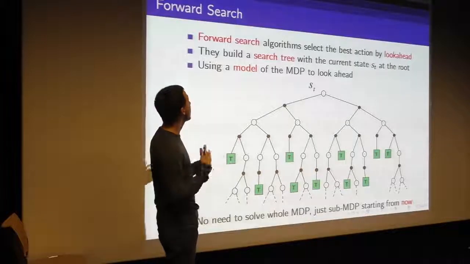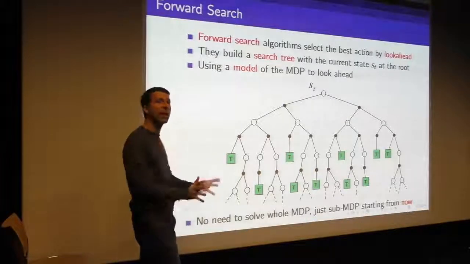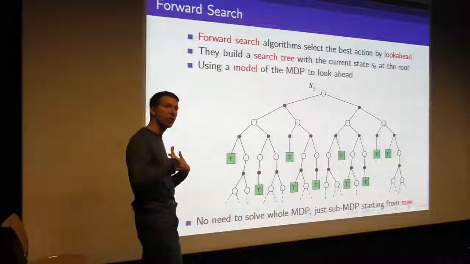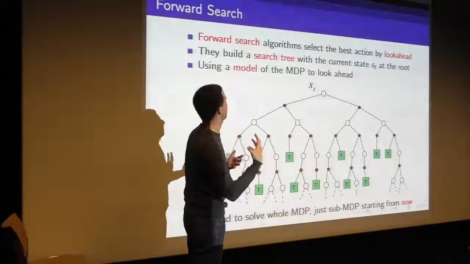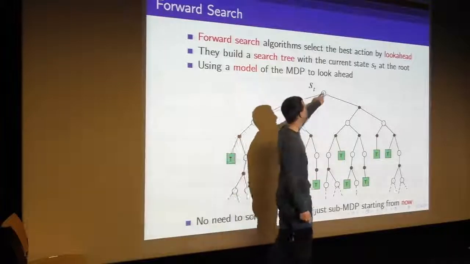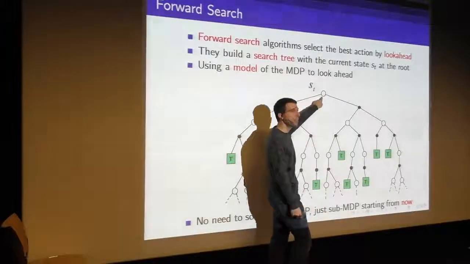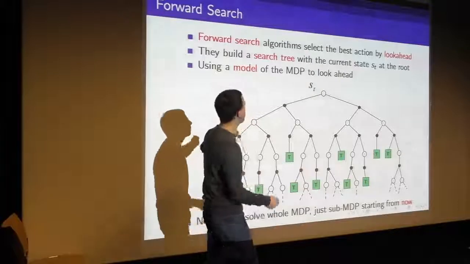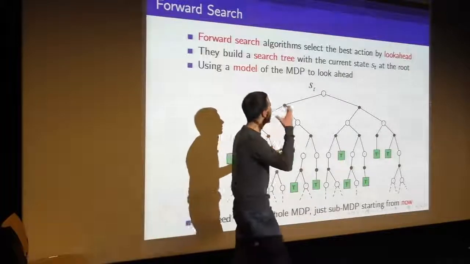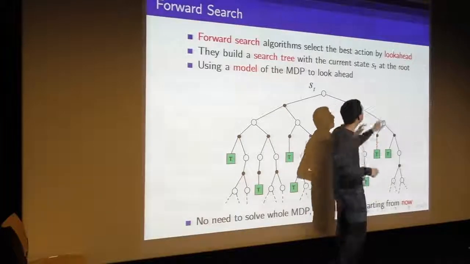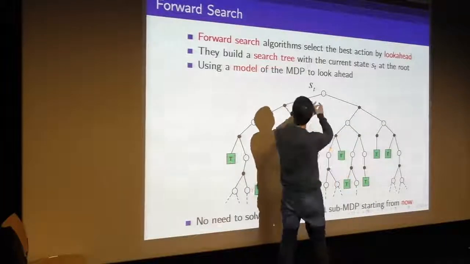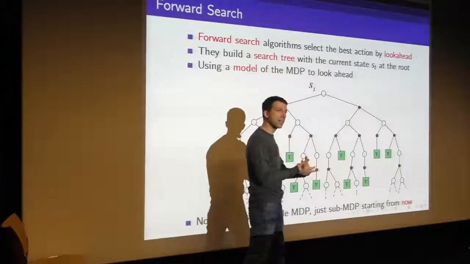The way we can do that is by forward search, by focusing on what's likely to happen next in the short-term future. One way to do that is by look ahead. You start at the state you care about, our state S_t, now. We build a search tree with this current state as the root, the moment that we're in. You could do this exhaustively.